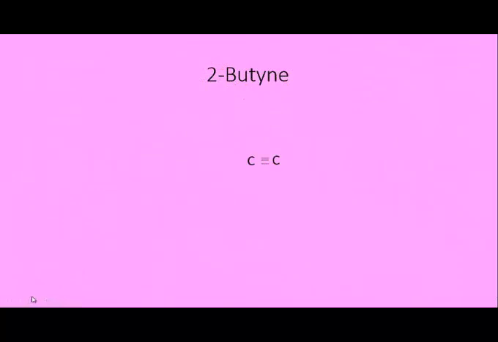Now, we're going to make another exercise, but now we're given the name and we have to find the formula. In this case, because it's a butane, we know that between 2 carbon atoms there will be a triple bond. And it says the number 2.